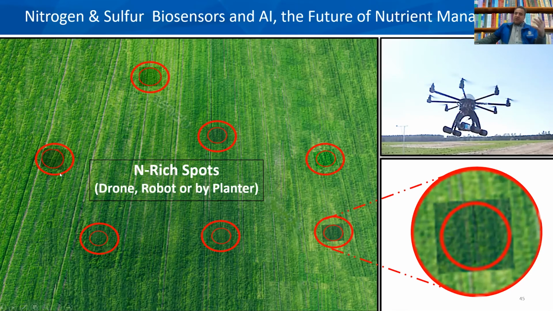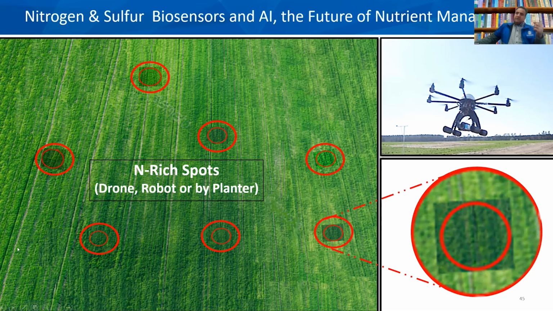The problem with nitrogen-rich strips is you cannot find good spots or good strips to apply sufficient nitrogen in your field.